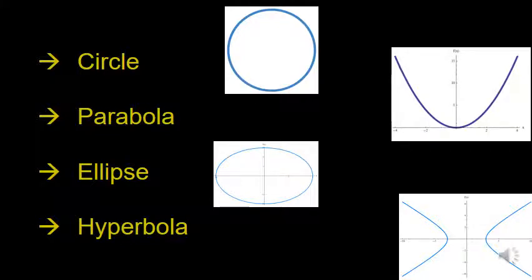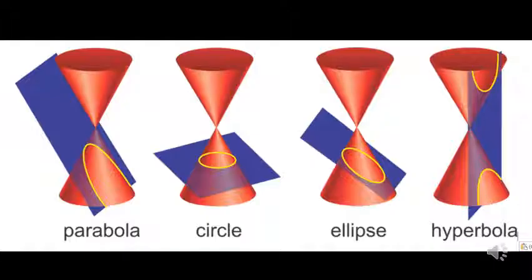So one thing I do want you to know this week is that the four main conic sections are circle, parabola, ellipse, and hyperbola. This picture is just showing you how you could make all of those conic sections by slicing up a cone, or two cones that are nose to nose, point to point, in different directions.